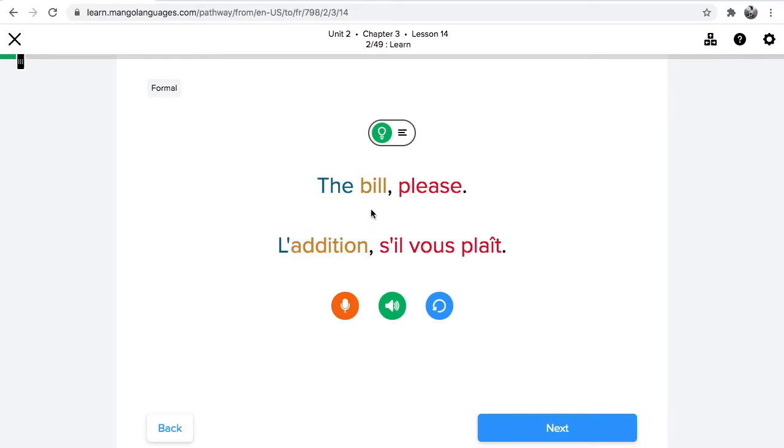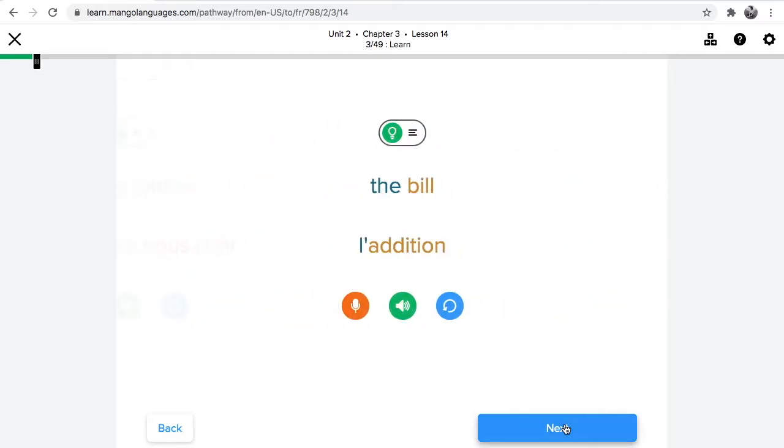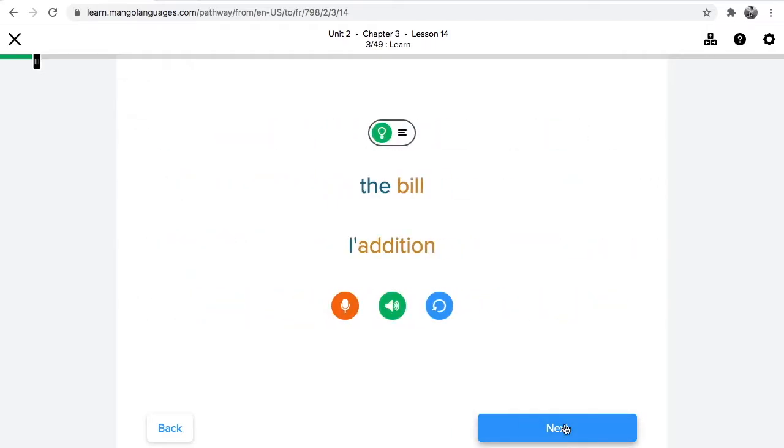It's really awesome because as you can see, each word is highlighted a specific color so you know which word is which. So s'il vous plaît is please, addition is bill, and the is the L with the apostrophe, because since it's an A, you don't need la addition, it would be l'addition. To say, the bill, you would say, L'addition, which literally means the sum.